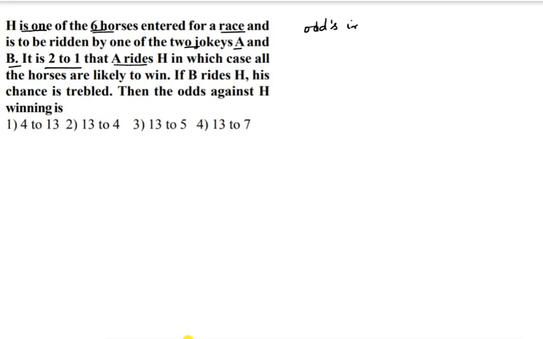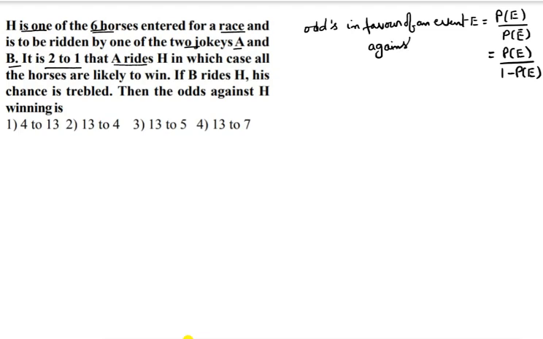As we discussed earlier, odds in favor of an event E is equal to P of E divided by P of E bar, which we can also write as P of E divided by 1 minus P of E. Similarly, odds against an event is equal to P of E bar divided by P of E. I hope you know this information.